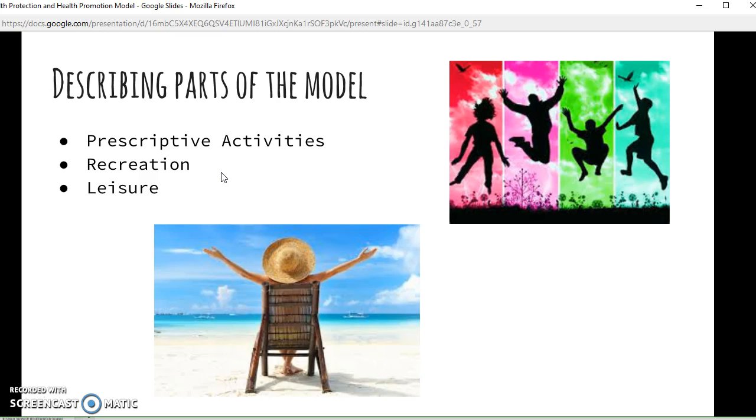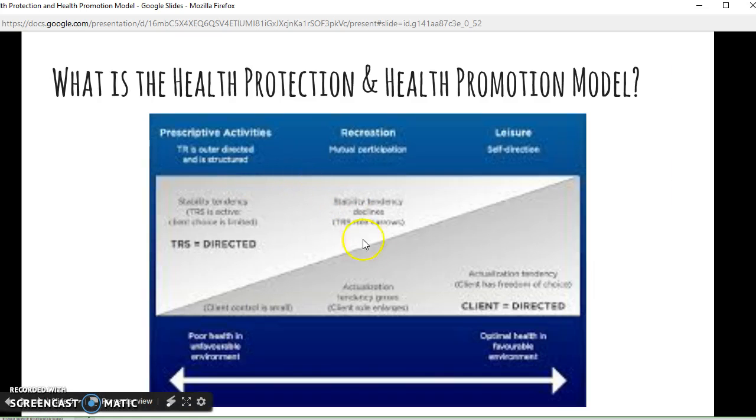And in this position, the client and the therapist work together to decide on activities that they want to do, to see what part of their health they need to continue to grow, and things like that. And along with that, the client still begins to gain confidence and have self-efficacy.